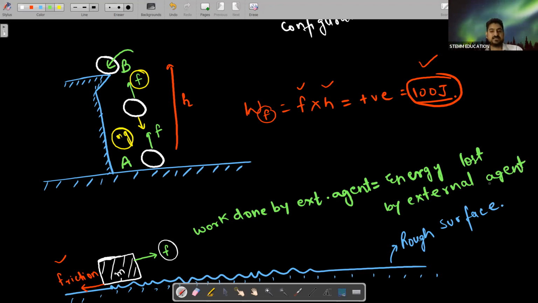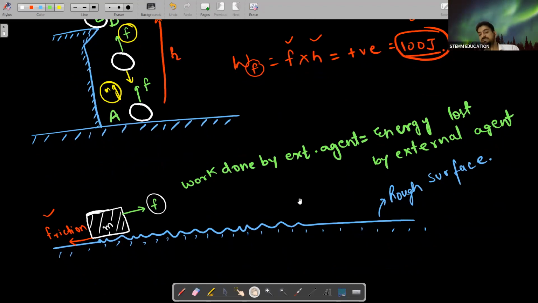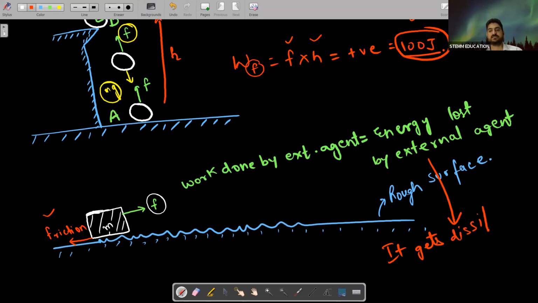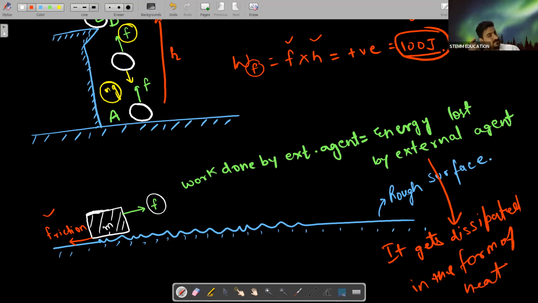Okay, but here the work done by the external agent equals the energy lost by the external agent, and this energy lost by the external agent gets dissipated in the form of heat. Correct?